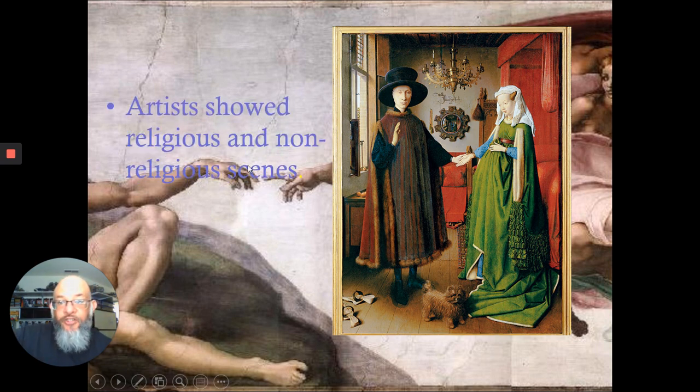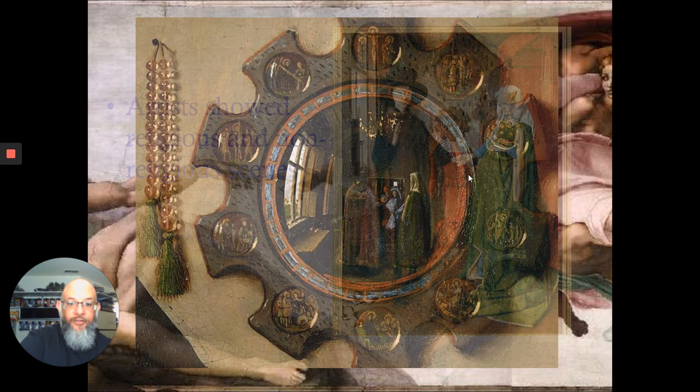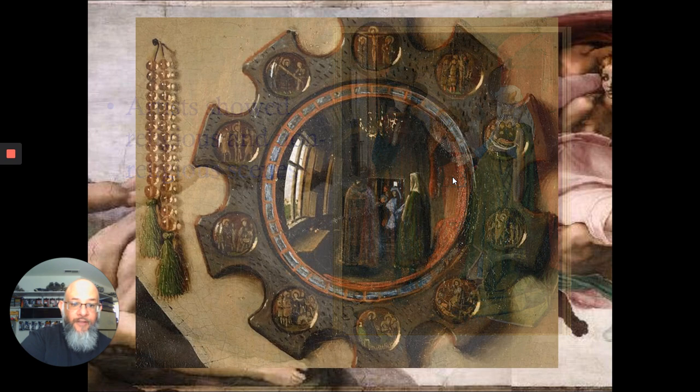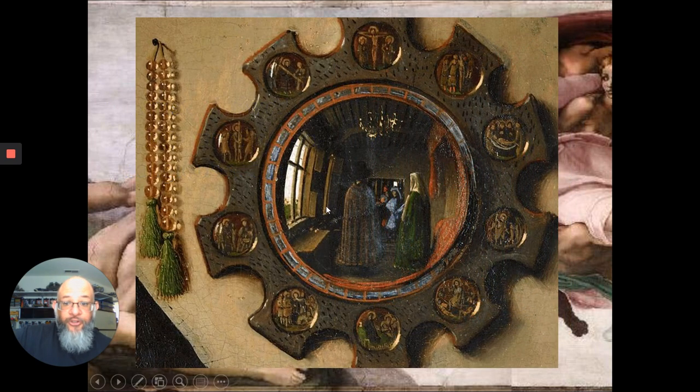Artists showed religious and non-religious scenes. Obviously, this is not a religious scene. This is just a man and a woman, husband and wife, preparing for life. Okay? But notice, here's the painting in the background. And in the painting, the person painted a reflection of the two people looking.